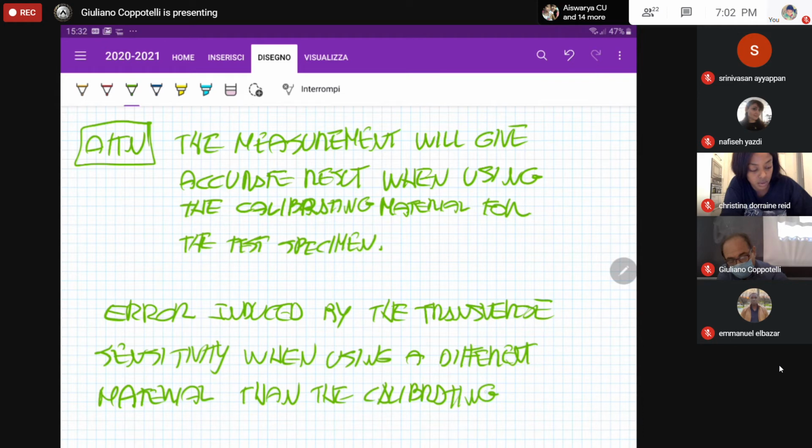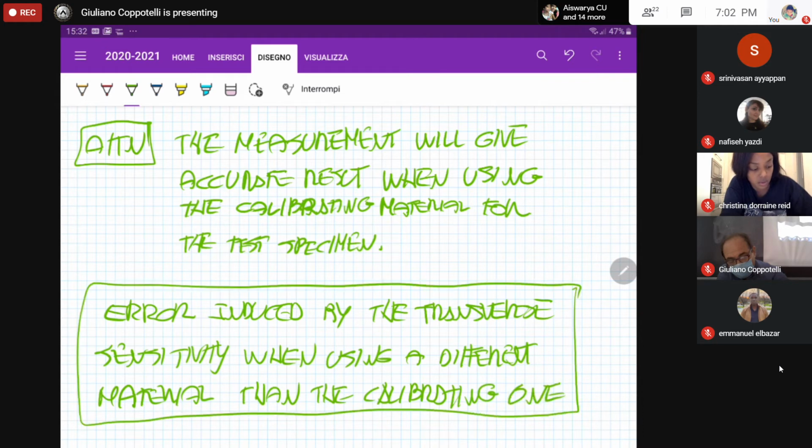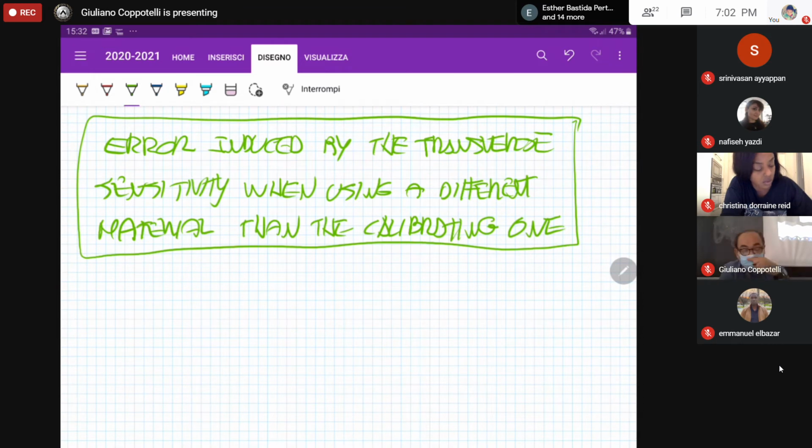Okay. How can we answer this question? We can define the error first. So the error is the difference in percentage of these two variations of the change of the resistances, because we are using the strain gauge with the calibrated material and the actual material.